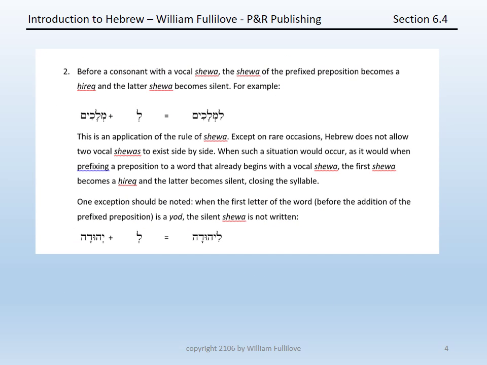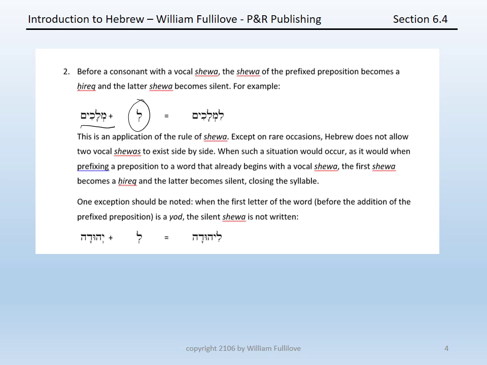Second, if a word begins already with a consonant that has a vocal schwa, like melachim, kings, the addition of the prefix preposition causes a regular change. This regular change is due to the fact that Hebrew almost never will tolerate two vocal schwas in a row.